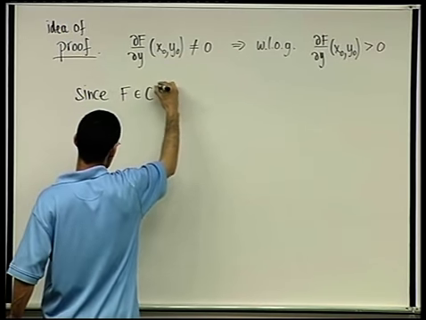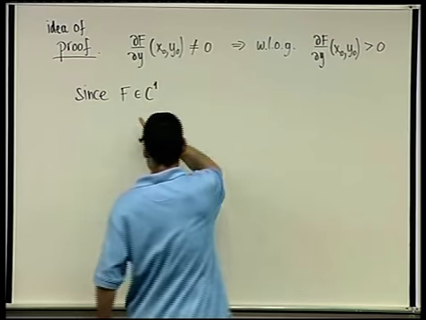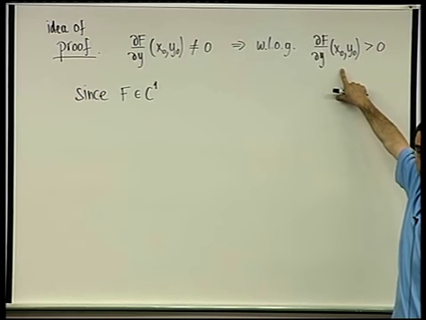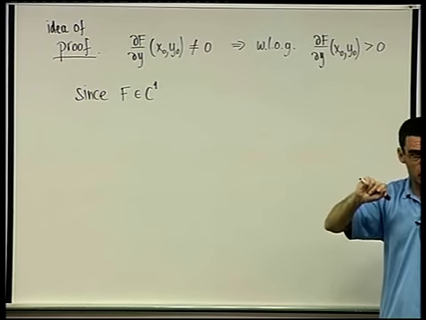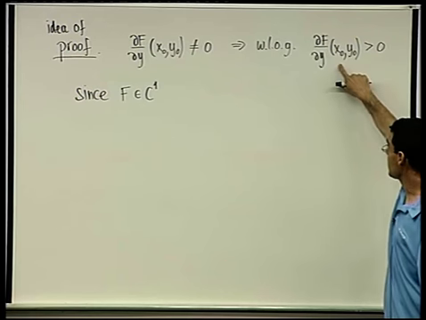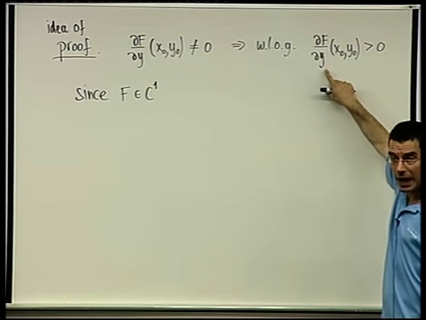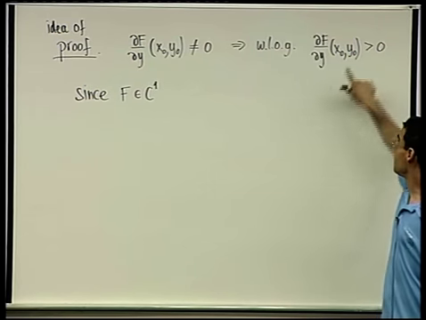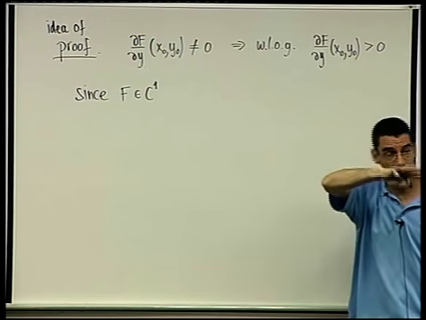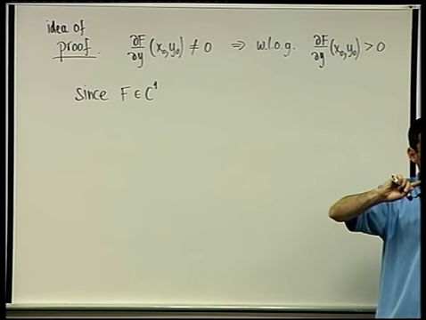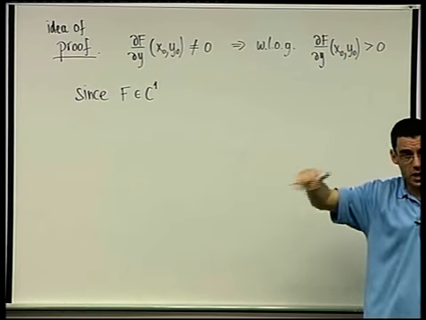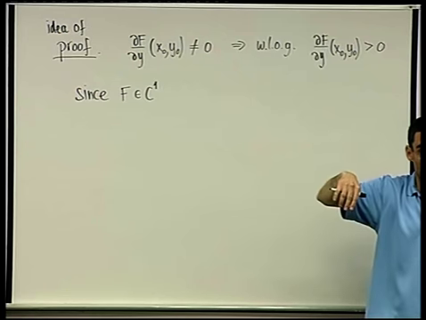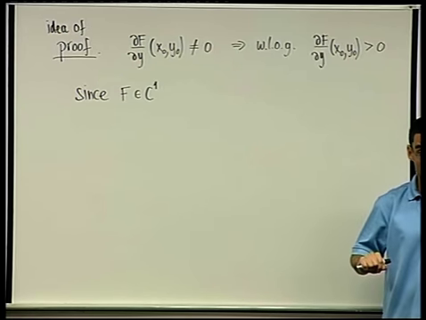Now, since f is in C1, what does it mean that a function is in C1? It means that the partial derivatives don't only exist, but they're also continuous, right? So this thing, the df to dy, is a function of two variables, x and y. Since it's positive at some point and it's continuous, tell me if you agree to what I'm saying now. If a function is continuous and positive at some point, it's going to be positive in a neighborhood of that point. It can't suddenly be negative. It's continuous.